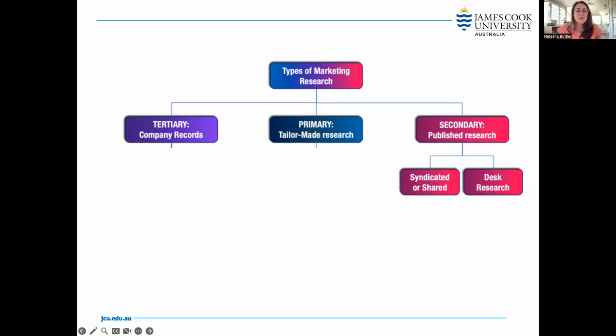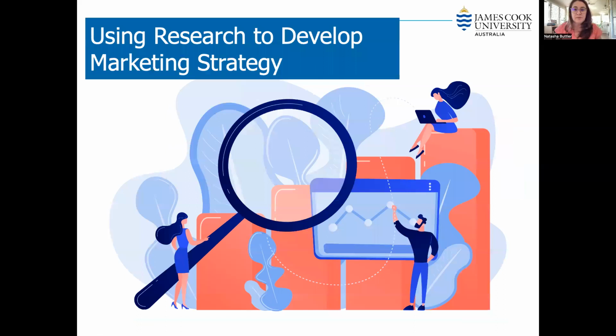However, we usually use a combination of 2 or 3 of them to provide greater insight for our business and to help us with our decision making. So the prime managerial value of marketing research is that it reduces uncertainty by providing information that facilitates decision-making about marketing strategies and the tactics used to achieve an organization's strategic goals.